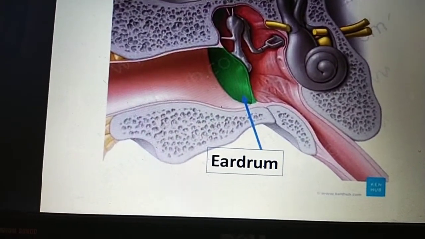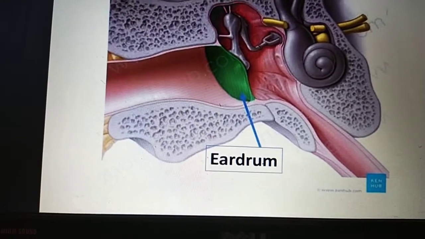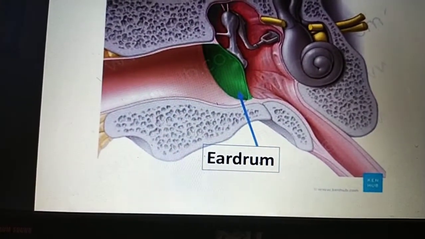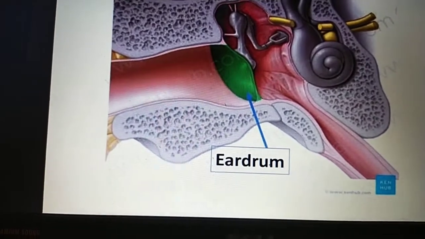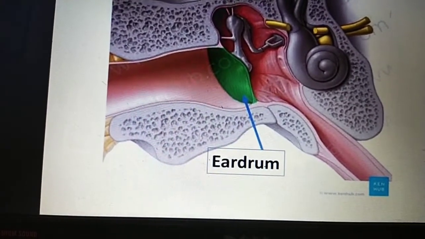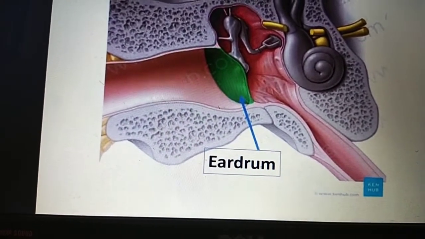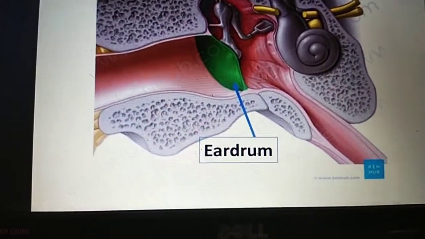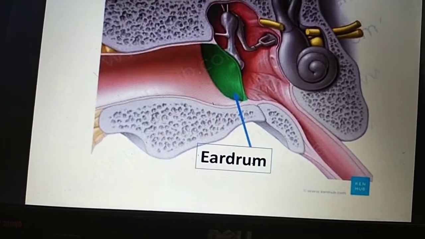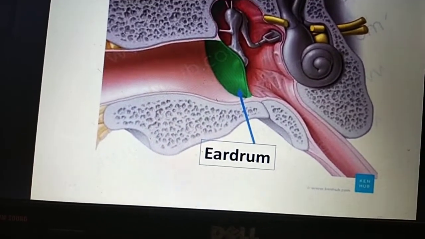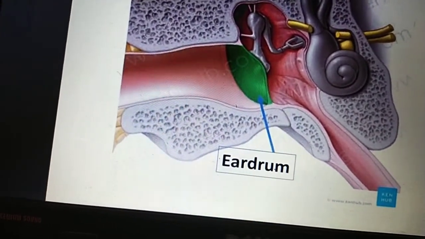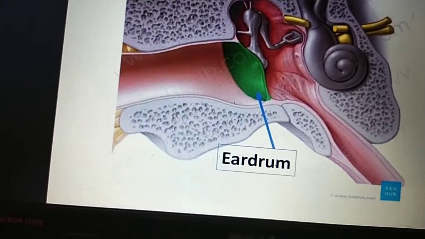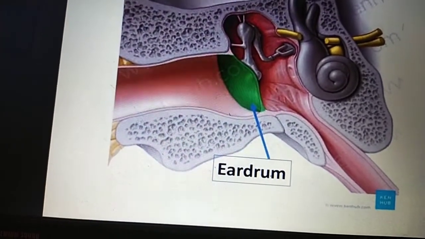It forms the lateral wall of the middle ear and the medial wall of the external auditory canal. It is attached at the tympanic sulcus. I already explained what is meant by tympanic sulcus: it is a groove on the tympanic ring where the tympanic membrane is attached.